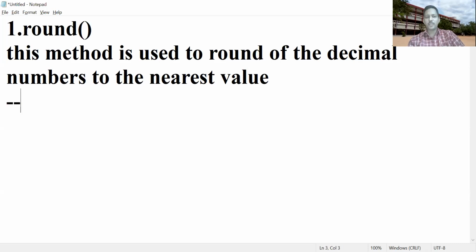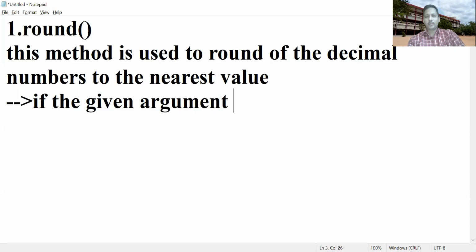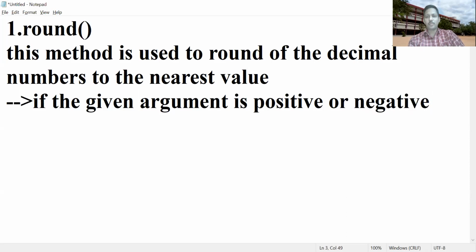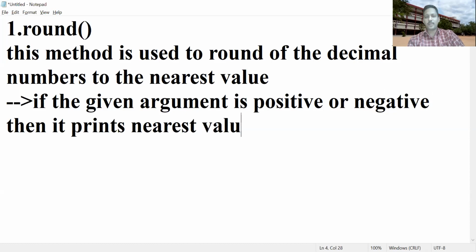So a few points note down in a round method. First one, if the given argument is positive or negative, then it prints its nearest value.